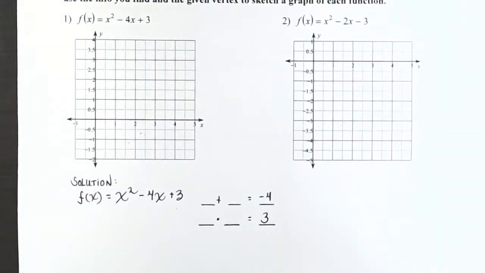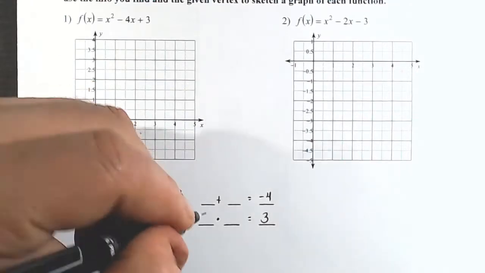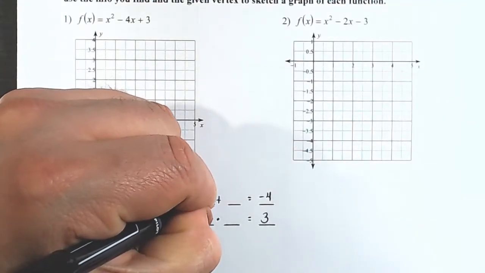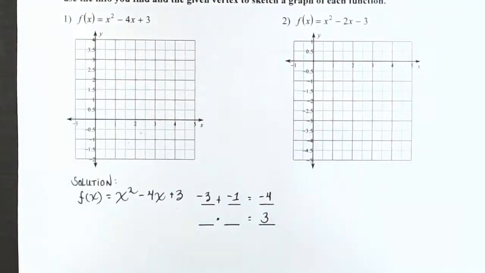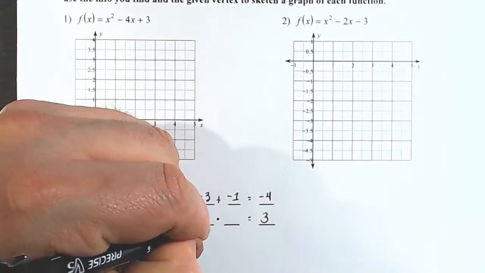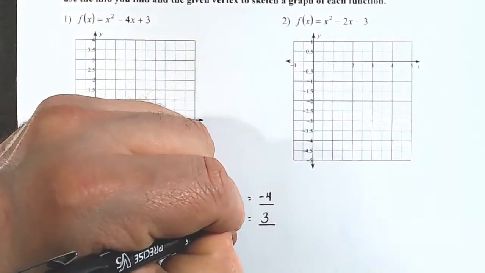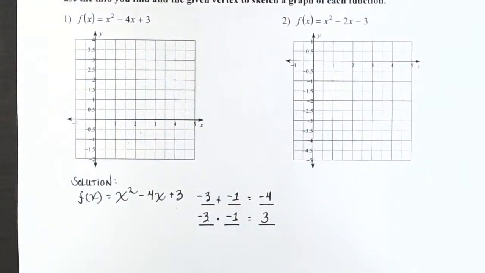So two numbers that add to be -4 and multiply together to be +3. Those would be -3 and -1. -3 plus -1 equals -4. -3 times -1 equals +3.